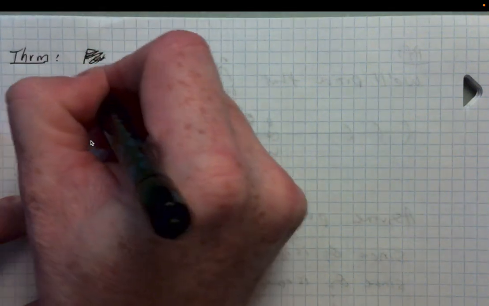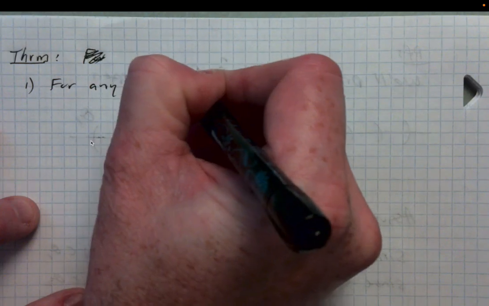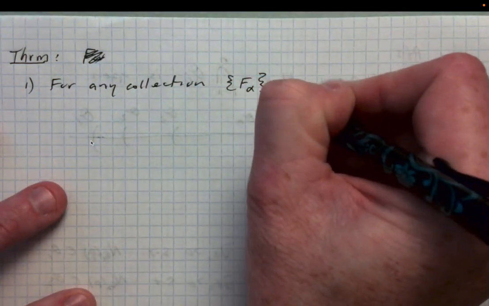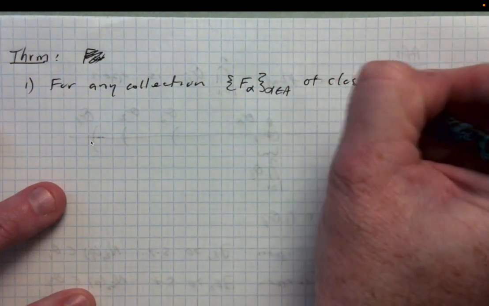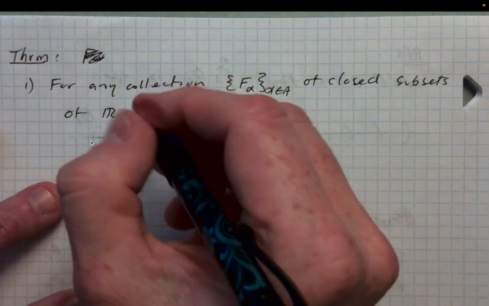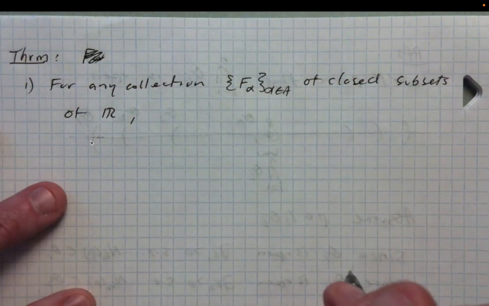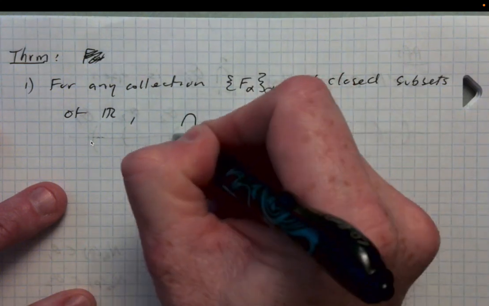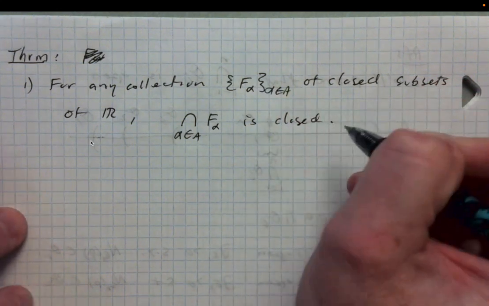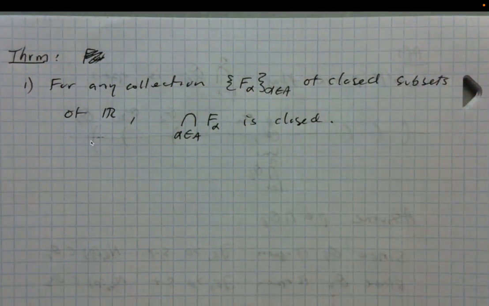First part says for any collection, and here we've got F sub alpha, alpha in some index set A, of closed subsets of real numbers, the intersection is closed. Okay, so if I've got a potentially infinite collection of closed subsets, then the intersection of all of those closed subsets must also be closed.